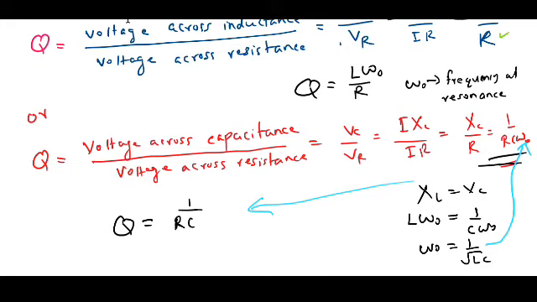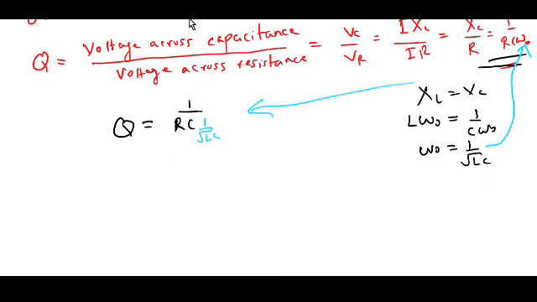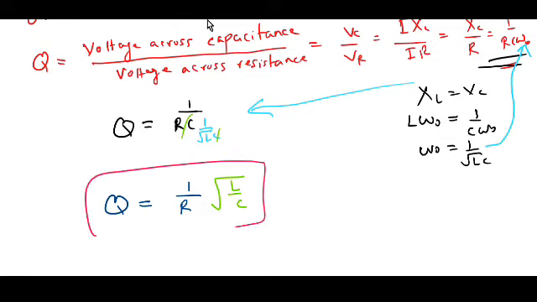Then C and root C cancel, giving 1 by R into root of L by C. This is the expression for the quality factor.